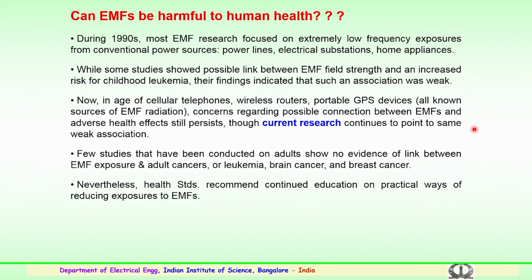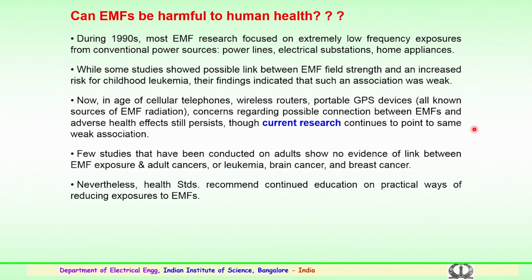Now, in the age of cellular telephones, wireless networks, routers and portable GPS devices, all sources of electromagnetic field radiation, the concerns regarding possible connections between electromagnetic fields and adverse health effects still persist among humans, though current research continues to point to the same weak association.